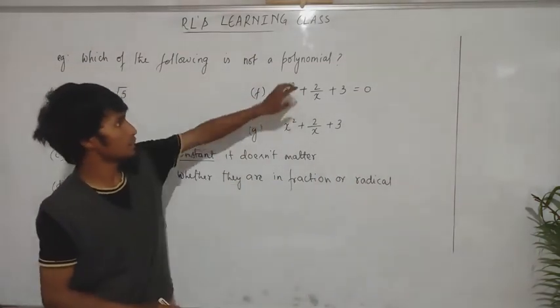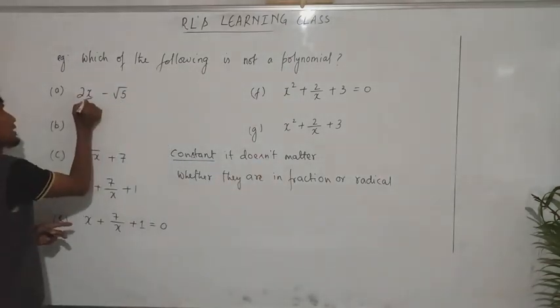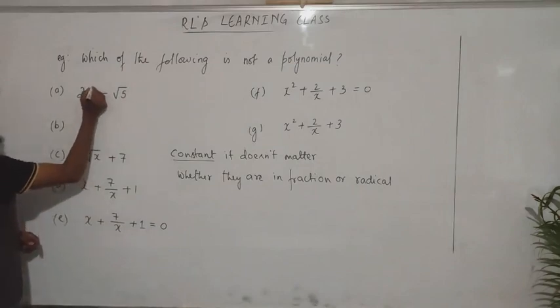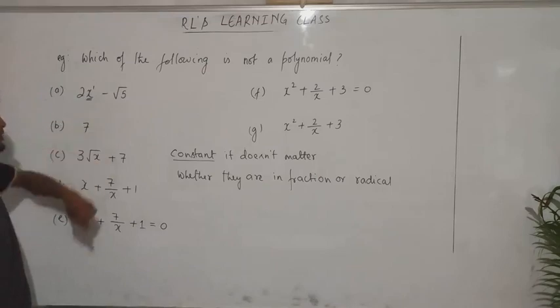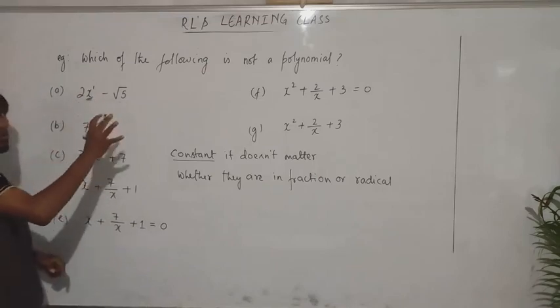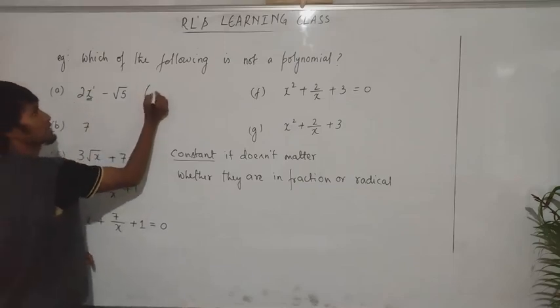The polynomial will remain a polynomial. We only have to check the variables. Now what's the power here, positive or negative? Here the power of x is positive. You don't need to check the constant, just check the variable. The power of x here is positive, so this is a polynomial.